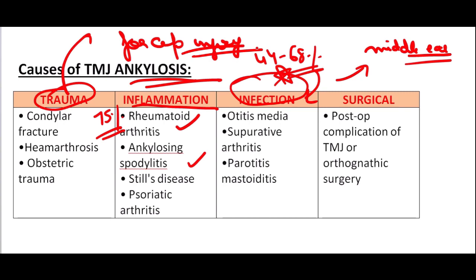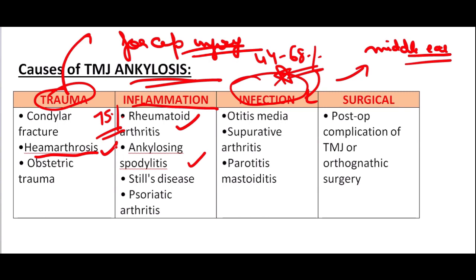Prolonged immobilization following condylar fractures, especially in children with their rich blood supply, increases the risk of bleeding into the joint space. That can also lead to ankylosis.